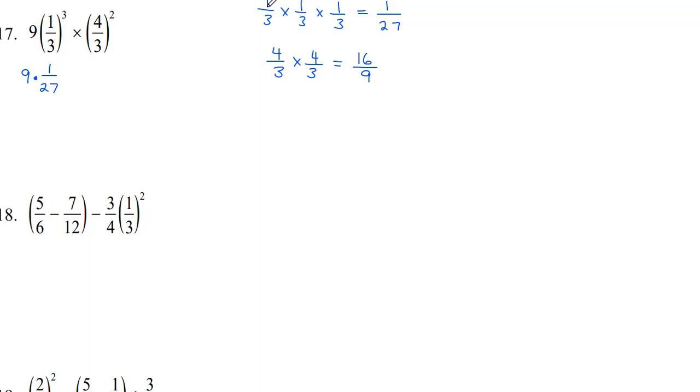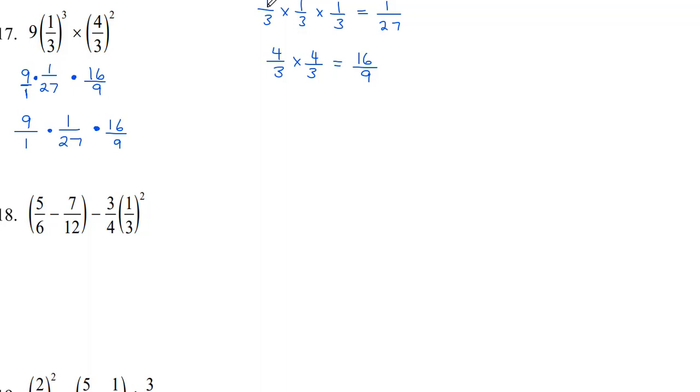So this is going to be 9 times 1/27 times 16/9. In order to make this look a bit better, we can pop that 9 over 1. Now we have multiplication. So we can technically go in any order, and we can cross-reduce any which way we want, actually, because we have only multiplication. Just like adding, we can switch the order around.